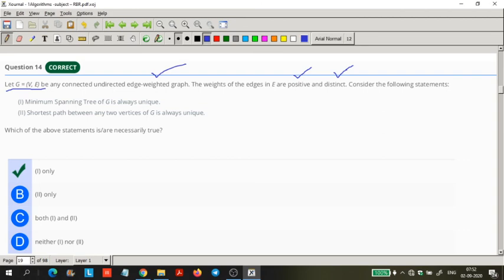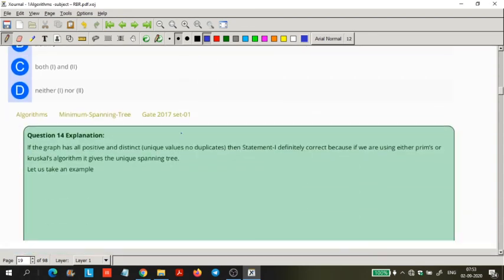Consider the following statements: the minimum spanning tree of the graph is always unique, and the shortest path between any two vertices in the graph is always unique. So only the first statement is true.